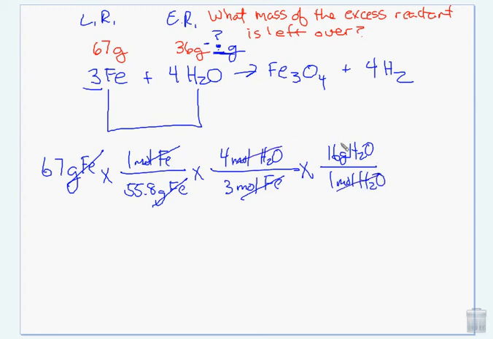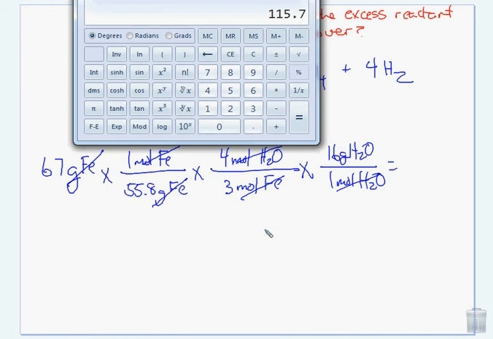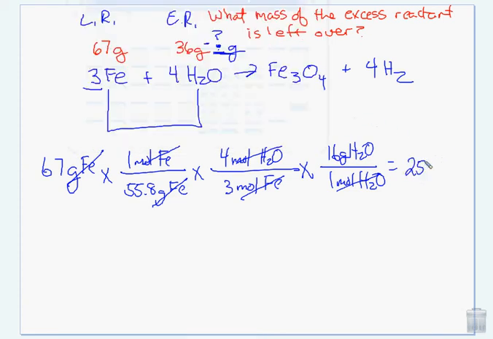That allows me to cancel my moles, and I'll end up with grams actually used. So I grab my calculator, and I go 67 divided by 55.8 times 4 divided by 3 times 18, and it's 25.6 grams of H2O actually used.